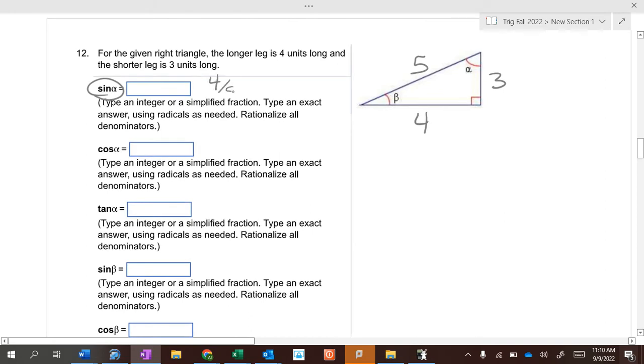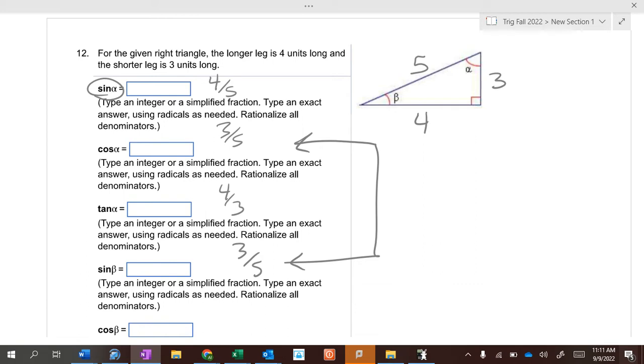What's the cosine of alpha? 3 over 5. What's the tangent of alpha? 4 over 3. Okay? So now let's look at beta. What's the sine of beta? 3 over 5. Notice how the cosine of alpha and the sine of beta are the exact same thing.